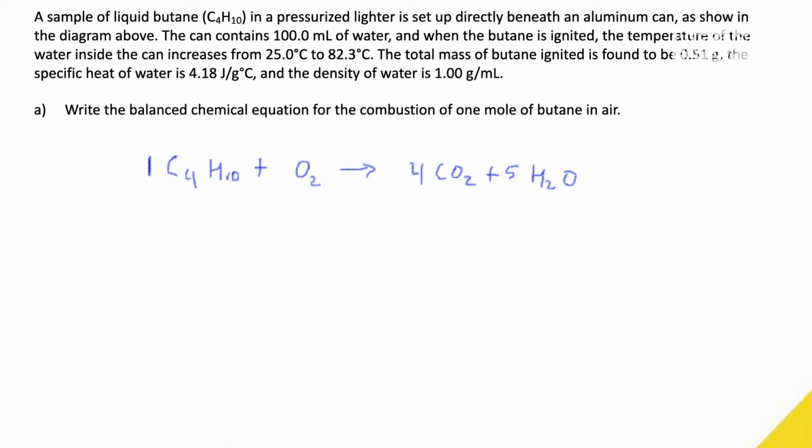Now I've got to add up all the oxygens. So here I have 8 oxygens and 5 oxygens. That is 13 oxygens. So this is now 13 over 2 because it's diatomic.